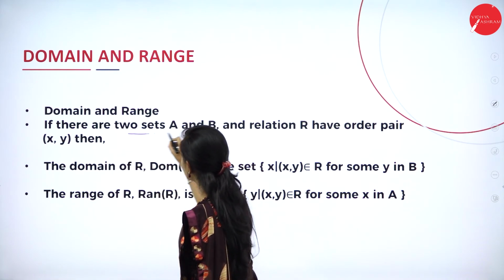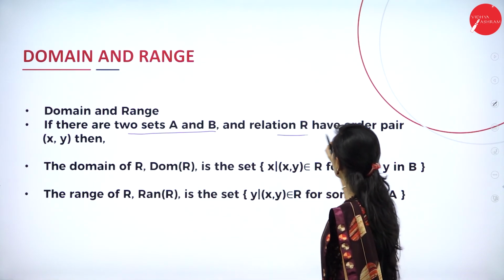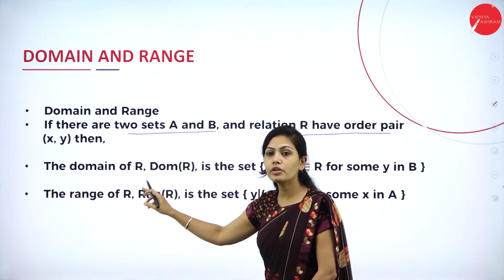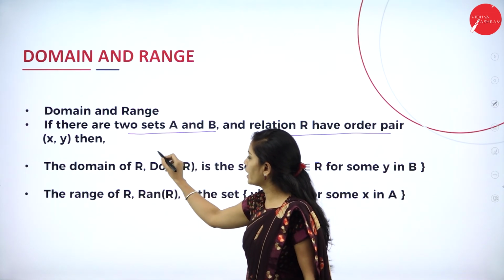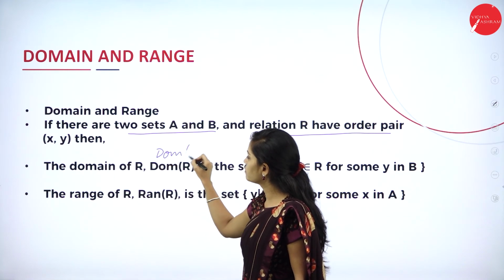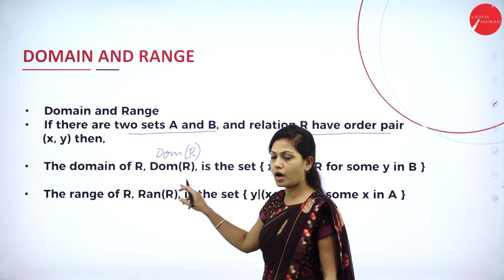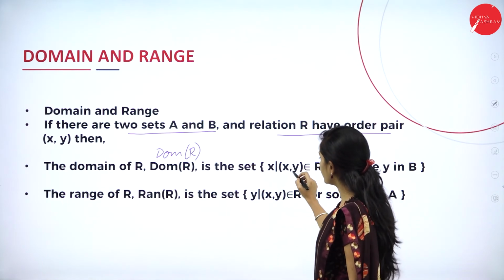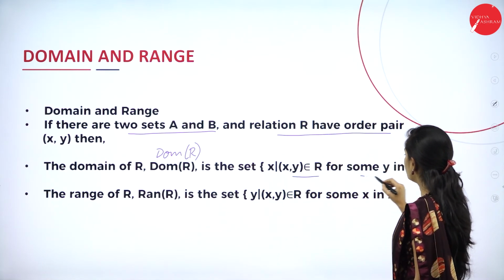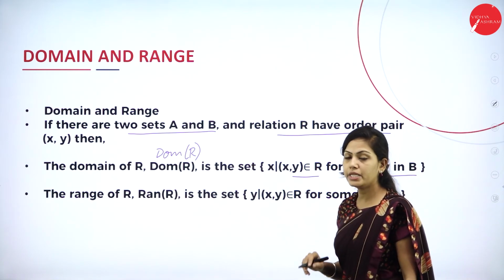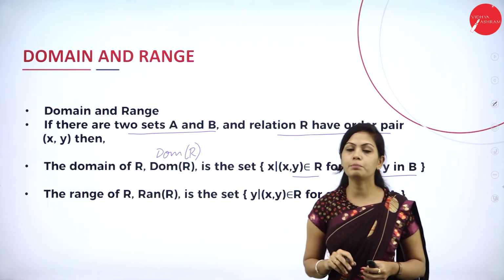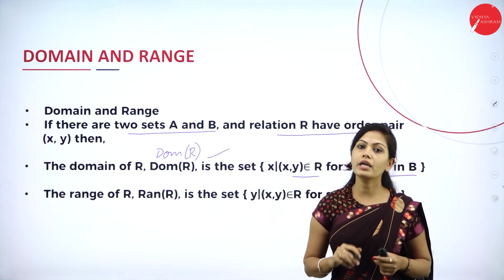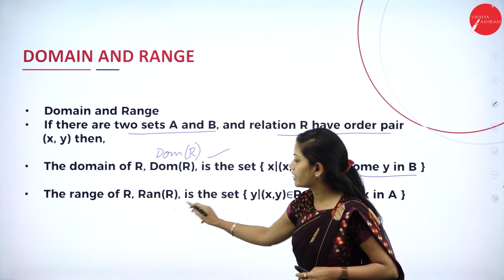If there are two sets A and B, our relation R has ordered pairs (x, y). The domain of R, we can represent it by DOM of R. Domain of R is a set of x such that (x, y) belongs to R for some y in B. That means all x inputs are called the domain and all y outputs are called the range.